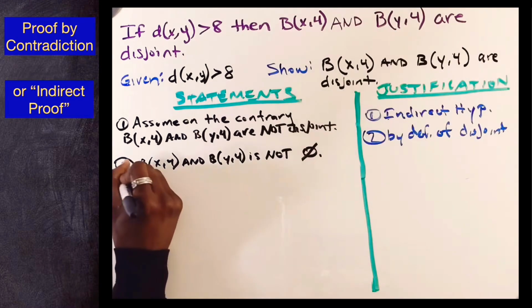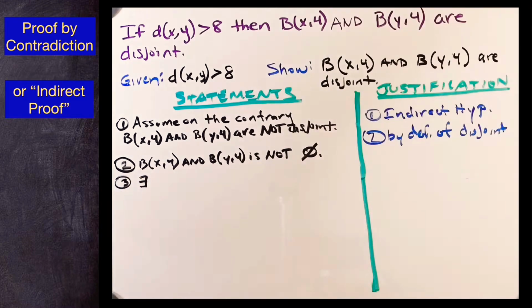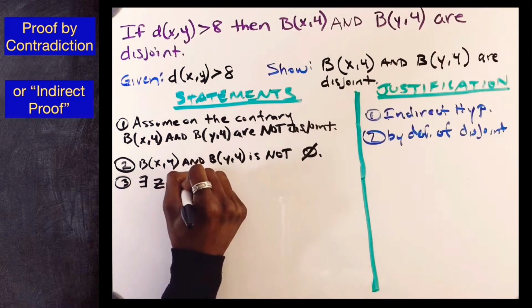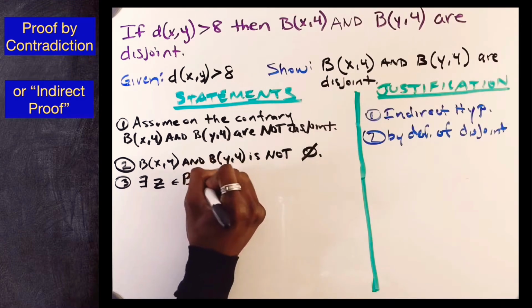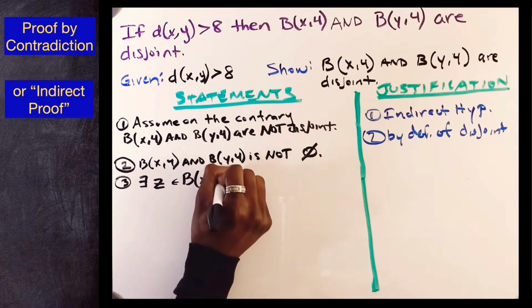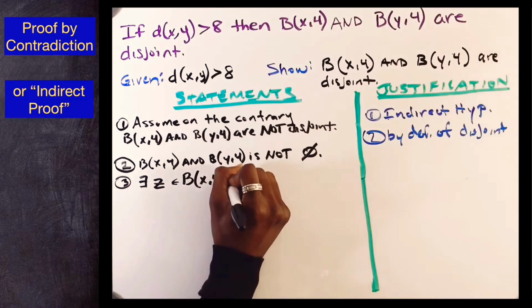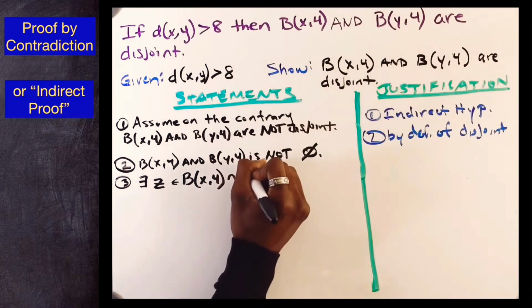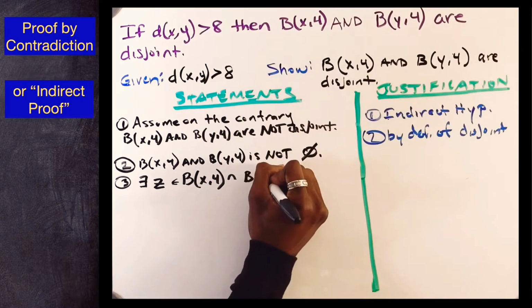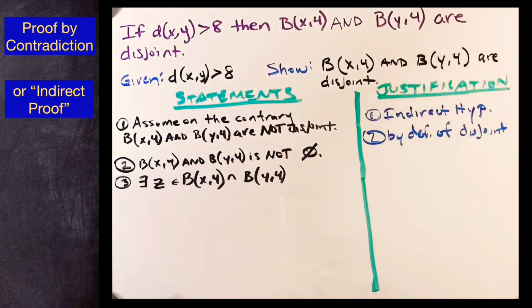So line 3, there exists a random letter. I'm going to choose Z. There exists a Z, which is a point, in the ball from X to 4 that intersects with the ball from Y to 4.